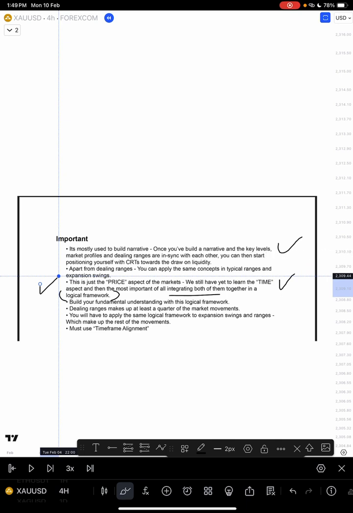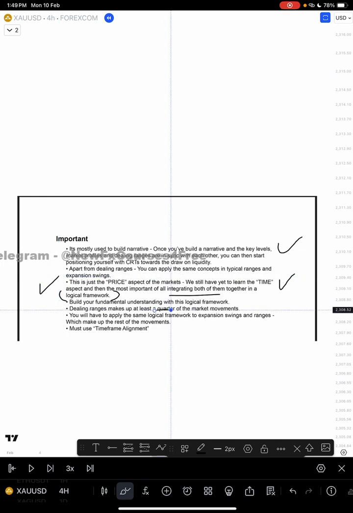Daily ranges make up at least a quarter of the market movement. You will have to apply the same logical framework to expansion swings and ranges, which will make up the rest of the movements, and must use time frame alignment.